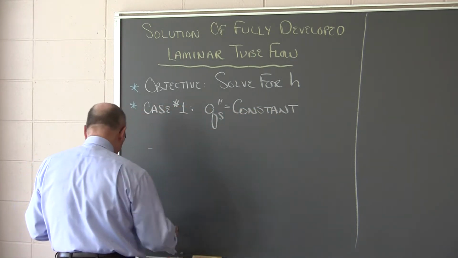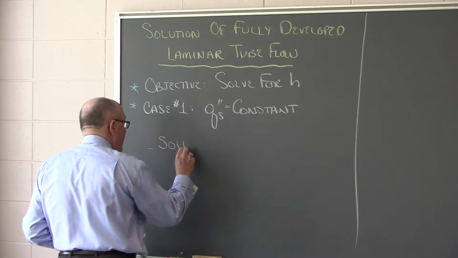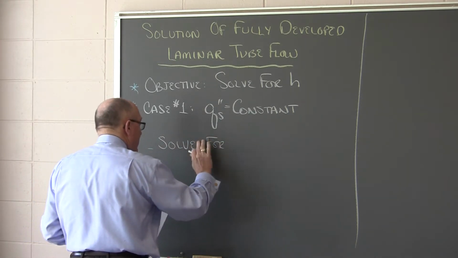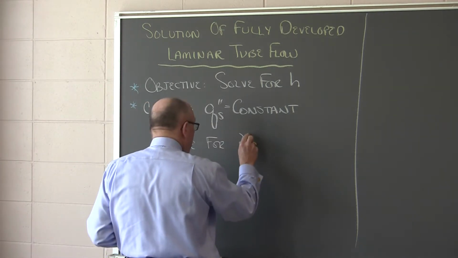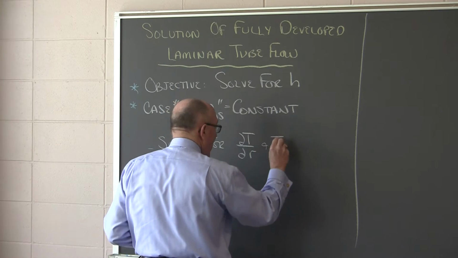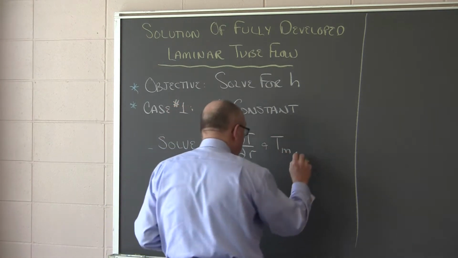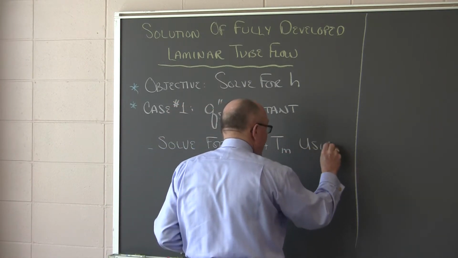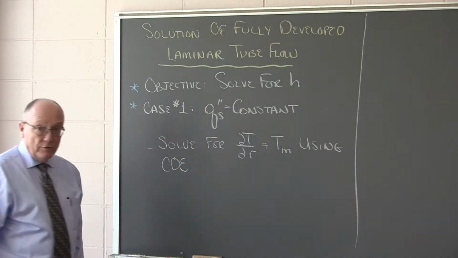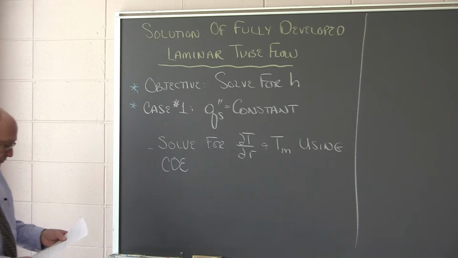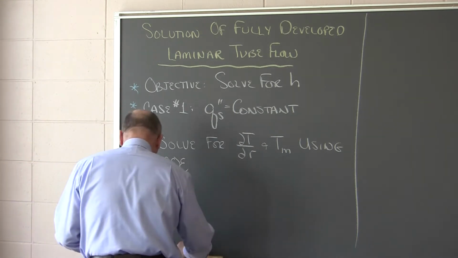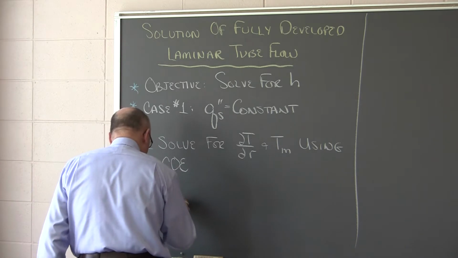So we're going to solve for the partial of T with respect to r and Tm, that is the medium temperature, using the conservation of energy equation, the last of our three equations, and the one that we have not used thus far. And that's going to allow us to solve for H.